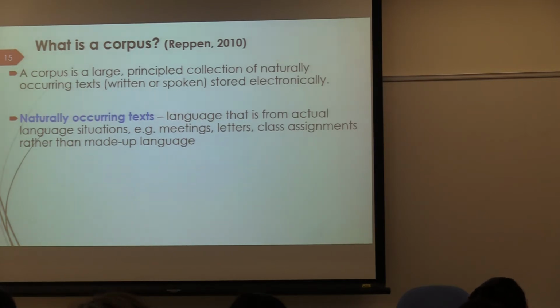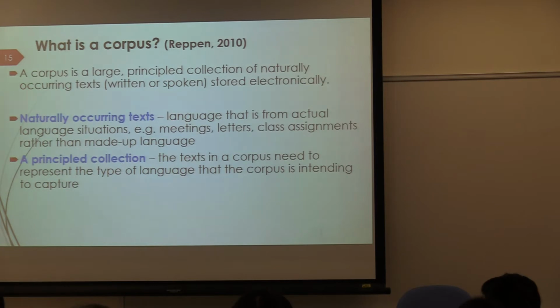Very often the language used in textbooks is made up by textbook writers, and that's why sometimes they don't sound very natural. The sentences are not very natural. But if you use corpora, the language there is authentic.